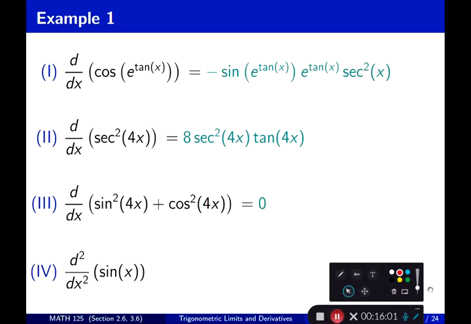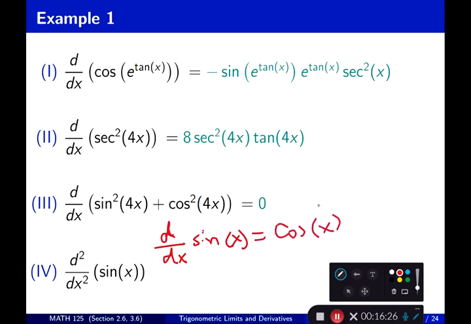Last but not least, example 1, part 4. How do we take the second derivative of sine of x? The first derivative of sine of x is equal to cosine of x.